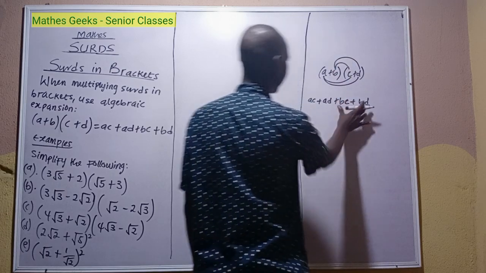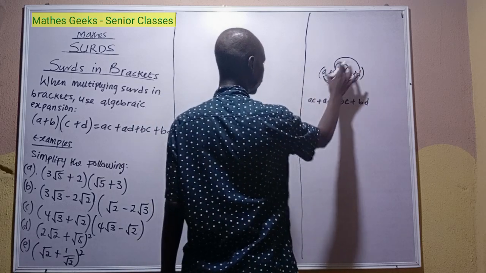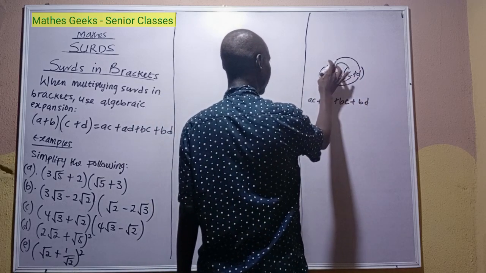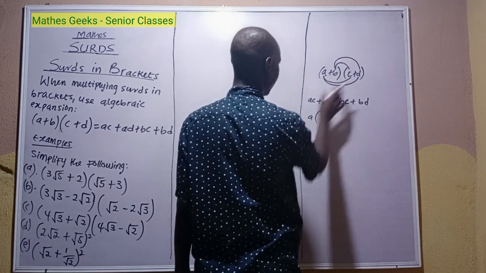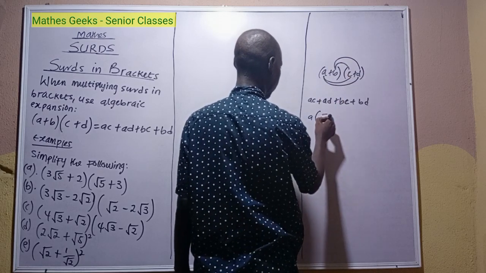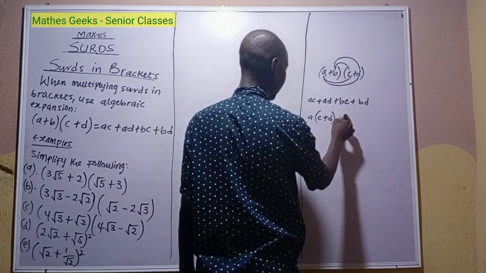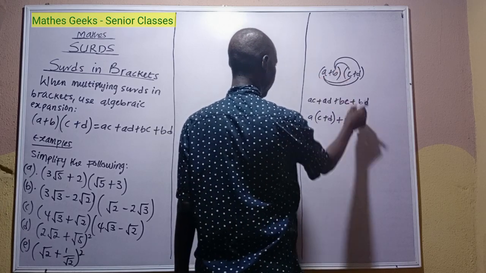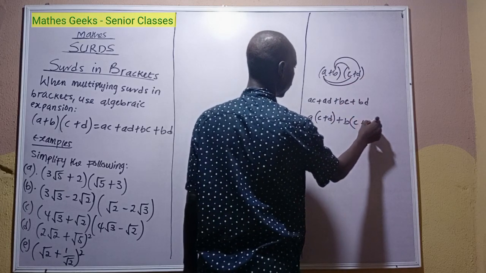So basically this is how we expand. We are using this method. Then the next method is, instead of expanding like this, we pick the first term in the first bracket, a, and multiply every term in the second bracket, c plus d, and then pick the second term in the first bracket and multiply every term in the second bracket, c plus d.